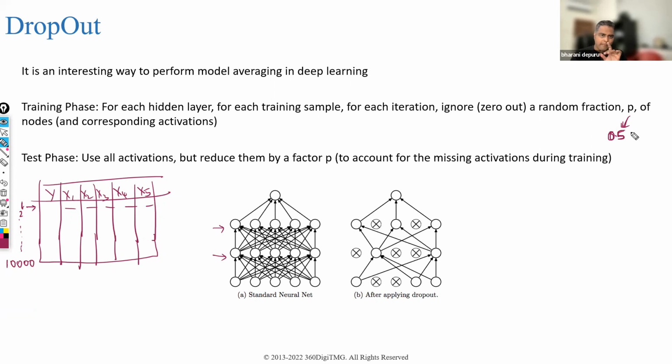So what you do is, if you have this neuron or these neurons, assuming that this is also a hidden layer, so hidden layer 1, hidden layer 2, hidden layer 3, and then output layer. Say you also have one input layer, which is not demonstrated here. Then what we do is, we randomly select 50% of neurons from the hidden layers, and then we make their activation 0.